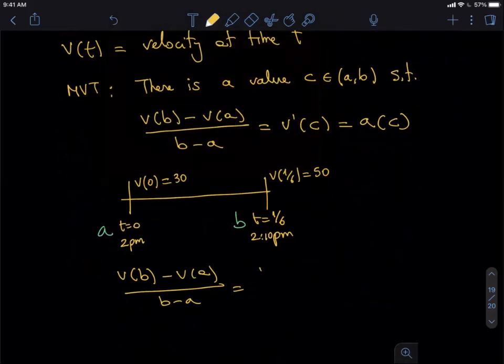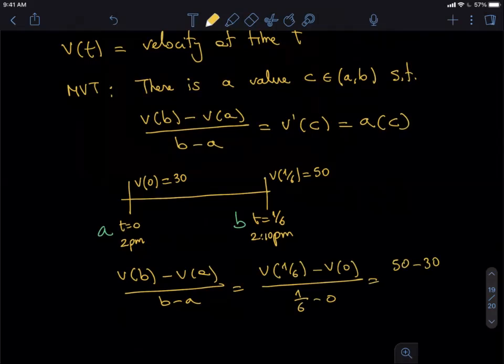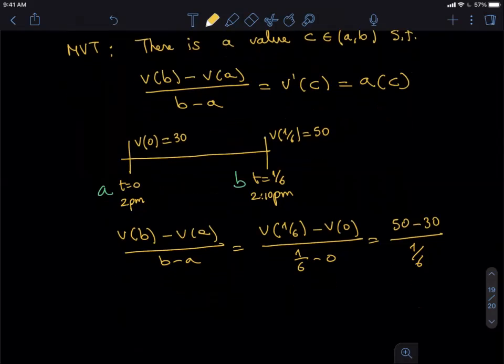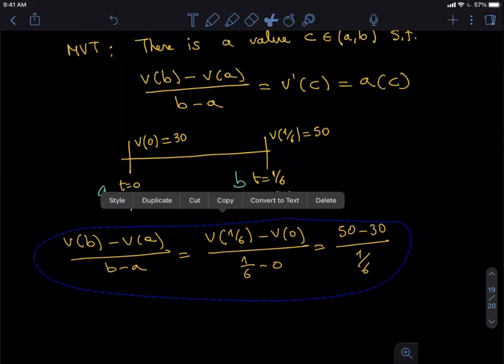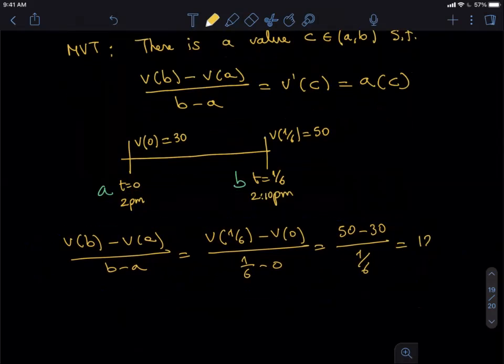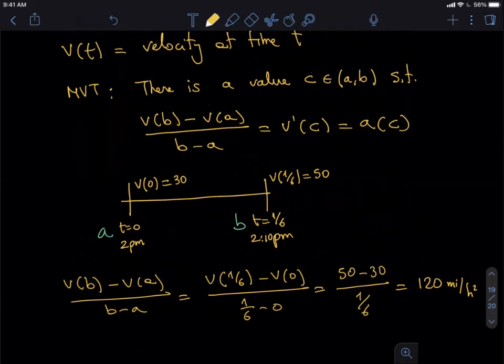Let me write it carefully: v of 1/6 minus v of 0, divided by 1/6 minus 0, and that is 50 minus 30 divided by 1/6, so that is 20 divided by 1/6, that makes 120 miles per hour squared.